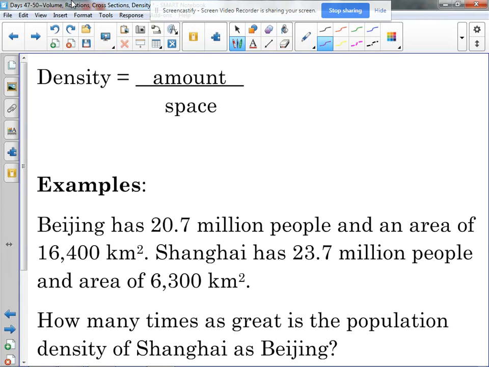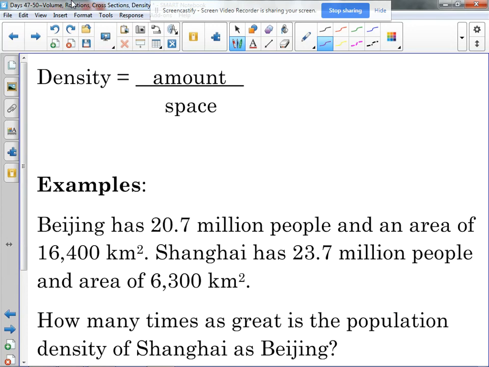Density, we can talk about population density as well. So in general, density is your amount over your space, but it's the same thing. Amount, how much you have. If we apply that specifically to weight, we could weigh something to tell how much we have.